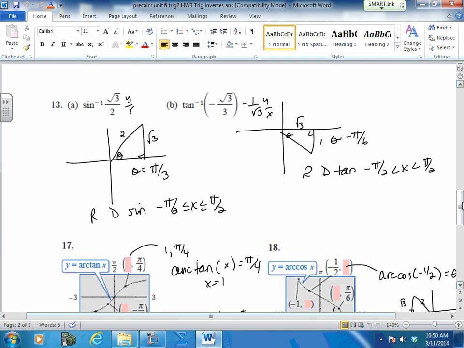But I want you to understand where we restrict your sine curve and why. It can't fail a horizontal line test. So the minute it goes over that hump there, we have to cut it off. So that's why sine goes 1 and 4. Cosine goes 1 and 2 because it starts at the top, so it comes down to 1 and 2.